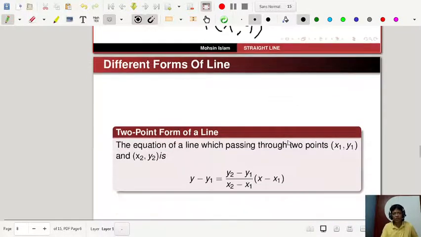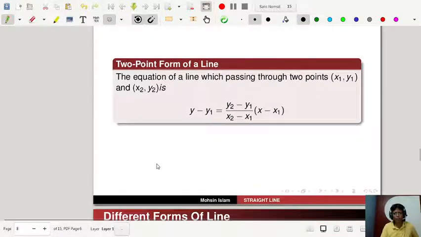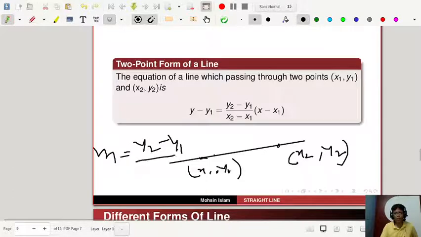Okay, now the two-point form of a line. If a line passes through two points x1 y1 and x2 y2, then the slope of the line is given by m equal to y2 minus y1 by x2 minus x1.